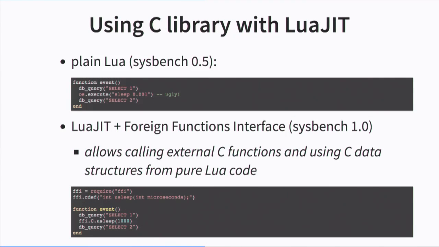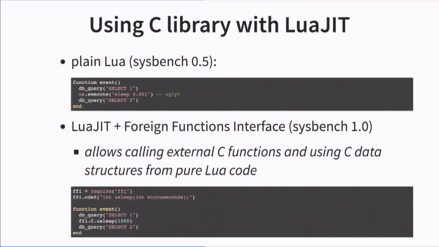Another thing provided by LuaJIT and the new Sysbench is the ability to call C functions from the system library. Again, as I said, it's possible through the foreign function interface, or FFI for short. It allows calling external C functions and exchanging C data structures between Lua code and C code.